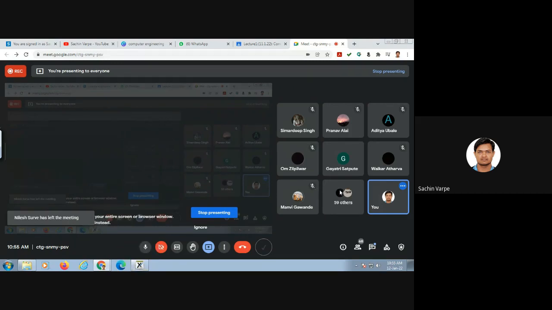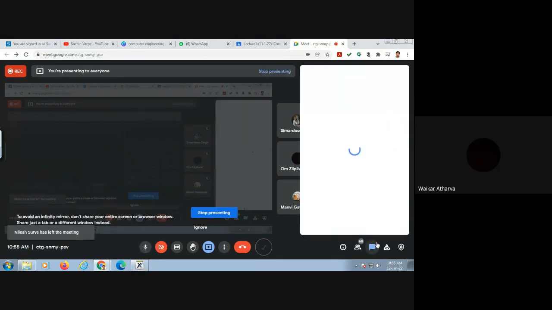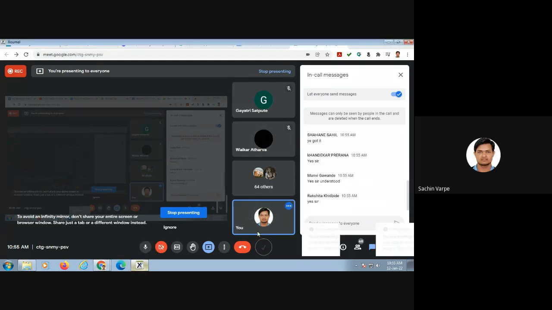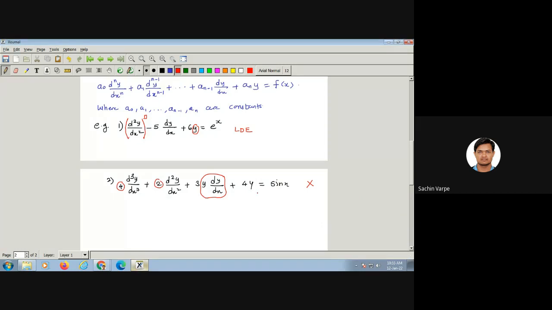Yes, sir. Prerna, Atharv, Dheeraj, Sahil, yes, sir. Got it. Such questions will be there in competitive examinations to recognize whether it is an LDE or not. So we should know: first of all, the degree must be 1.